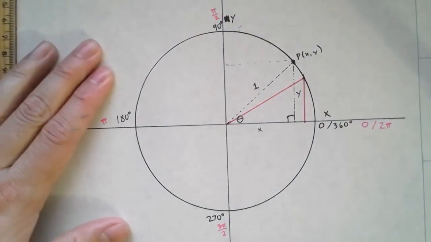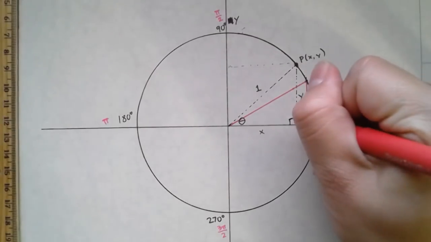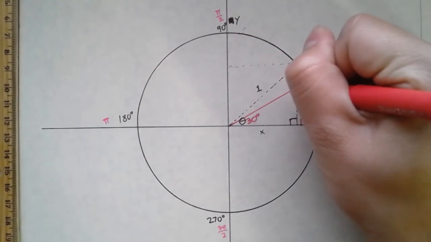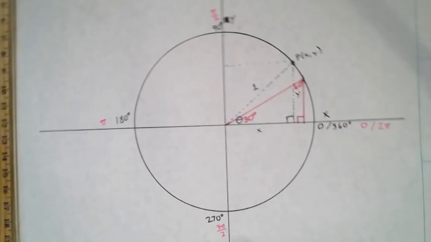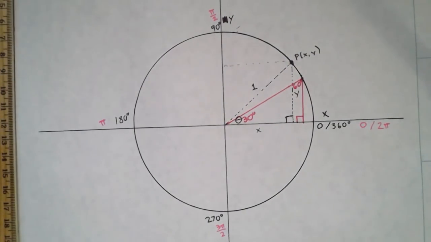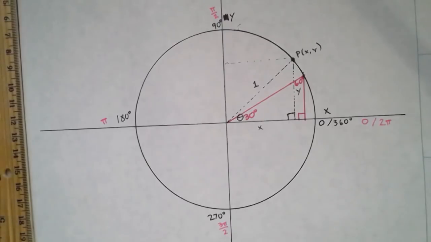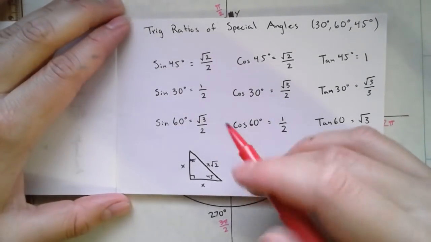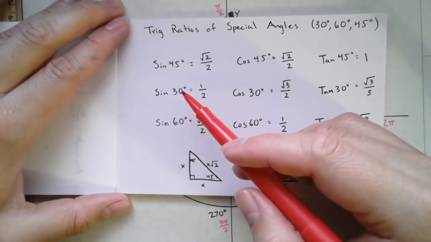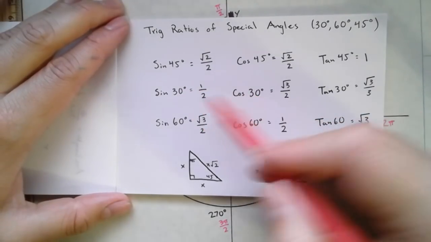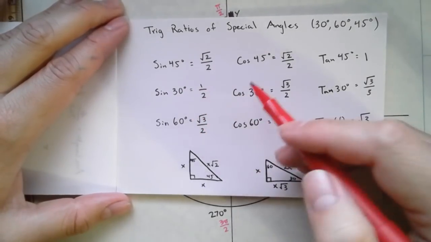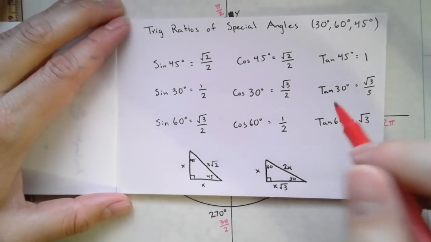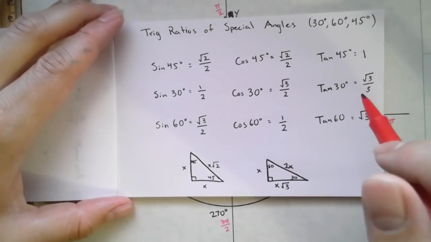There. So this is my 30, 60, 90 triangle. And I've already defined in the past, that's why I said keep concept 50 handy. I already know what the trig ratios for 30 degrees are. So the sine of 30 would be a half, the cosine of 30 would be square root of 3 over 2, and then tangent of 30 would be square root of 3 over 3.